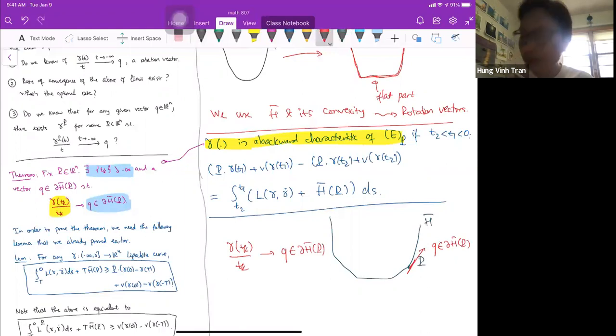So we don't have the full result that we have convergence along the full sequence, but we do have convergence along a subsequence to a rotation vector, and a rotation vector is in the subgradient of the h bar. That's why I needed h bar to deal with this whole thing.